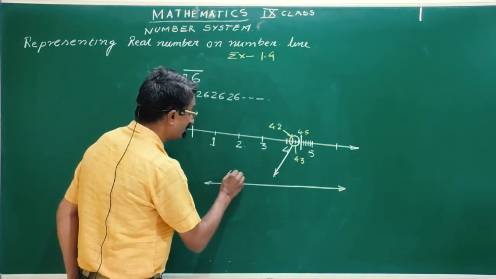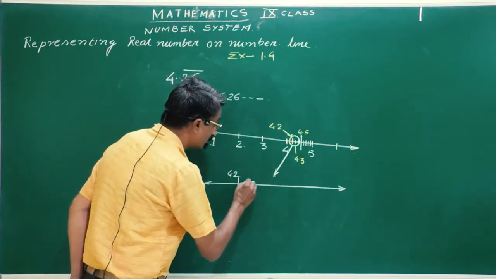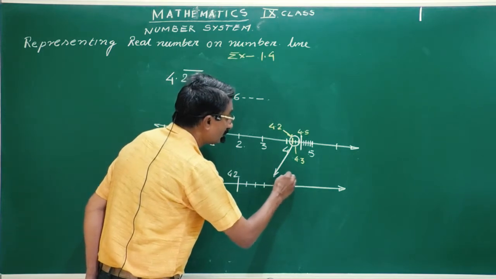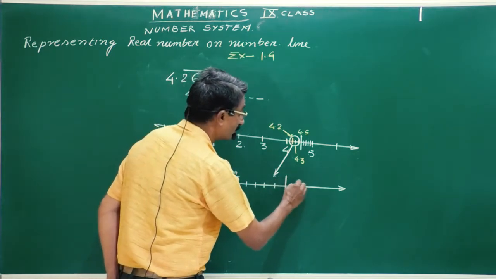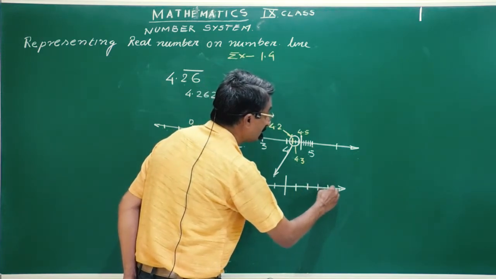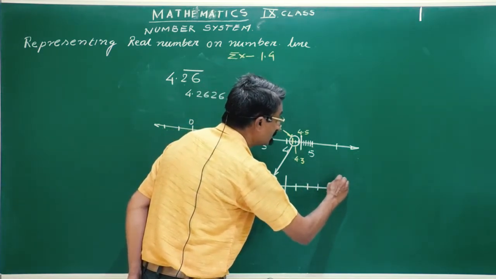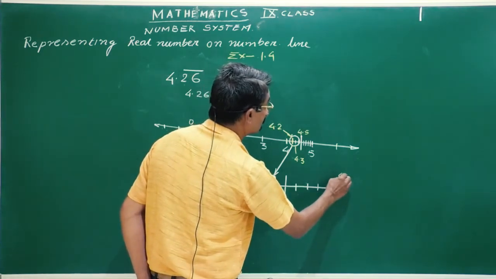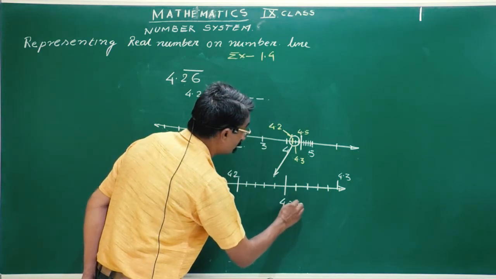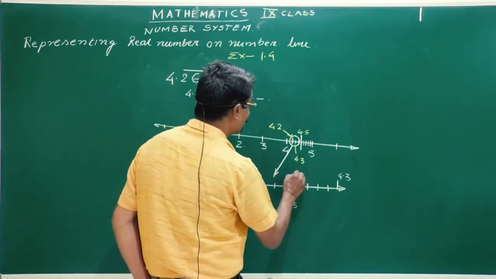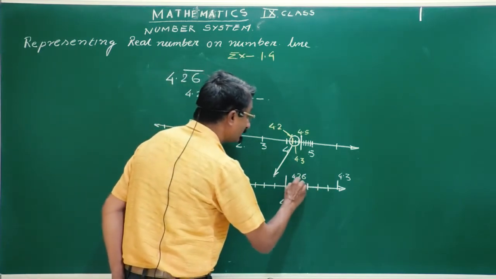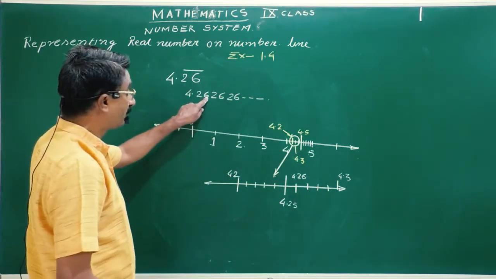So this is 4.2, 4.21, 4.22, 4.23, 4.24, 4.25, 4.26, 4.27, 4.28, 4.29, 4.3. So this is 4.3, this is 4.25, this is 4.26. We need this number, 4.26.